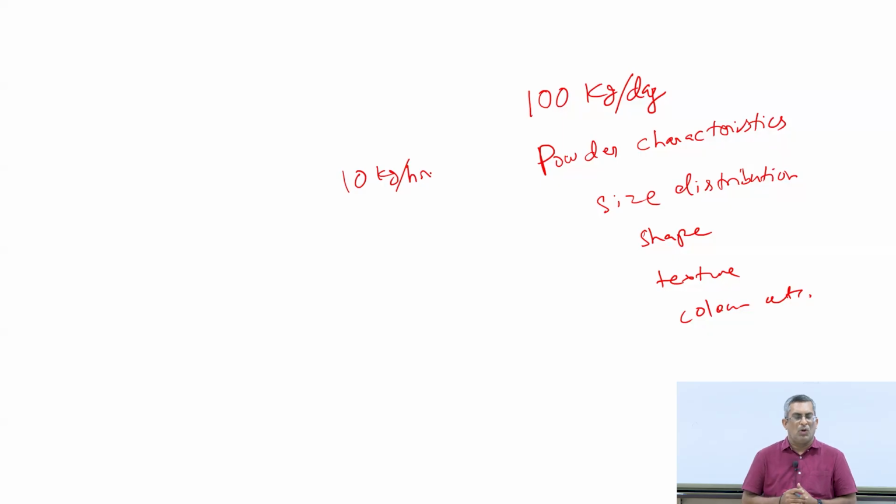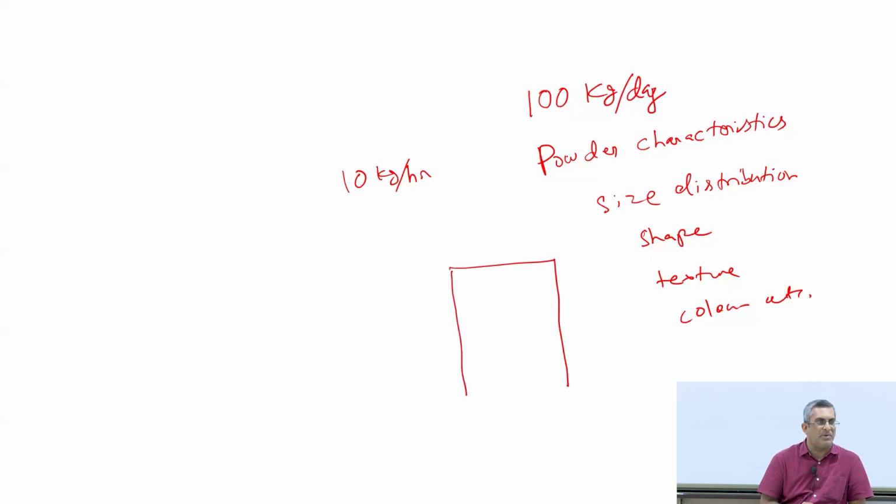Now if the powder production is 10 kg per hour, then you need to have a slurry, right? In a spray dryer, what you have is a spray chamber in which there is an injector. The injector injects the slurry.